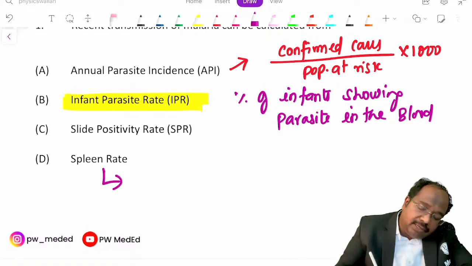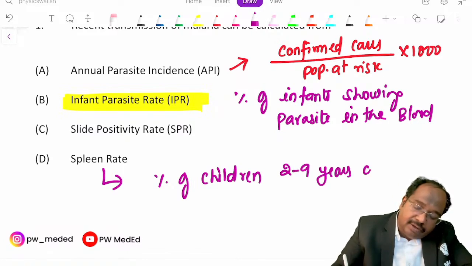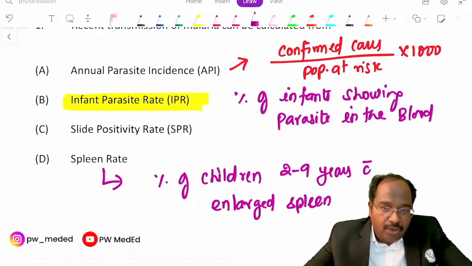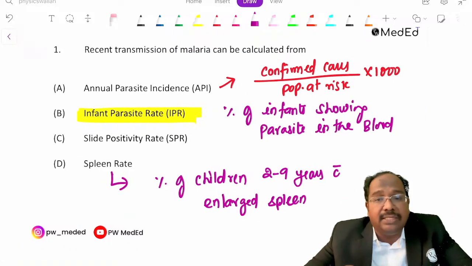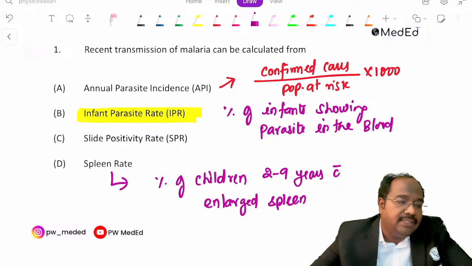Spleen rate is the percentage of children between 2 to 9 years with enlarged spleen. So you are examining the children between the age of 2 to 9 years, and how many children have enlarged spleen.